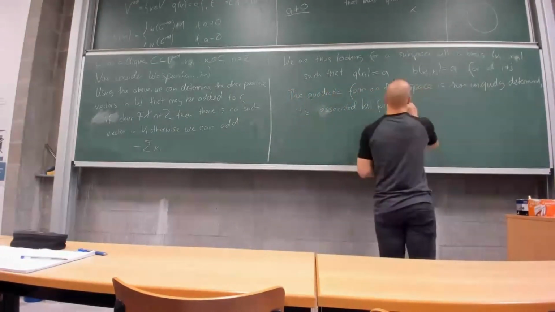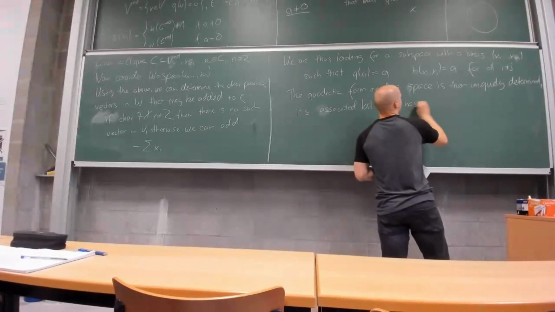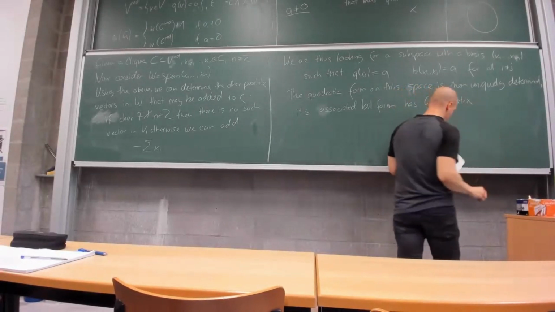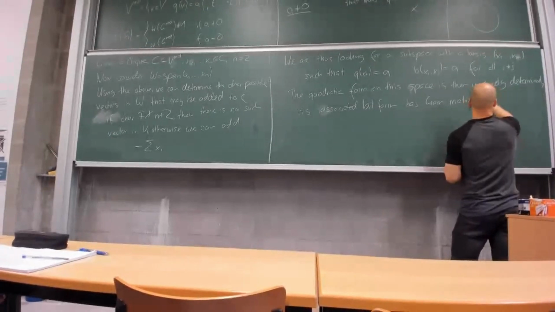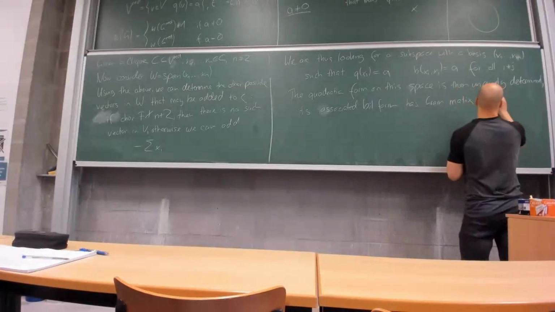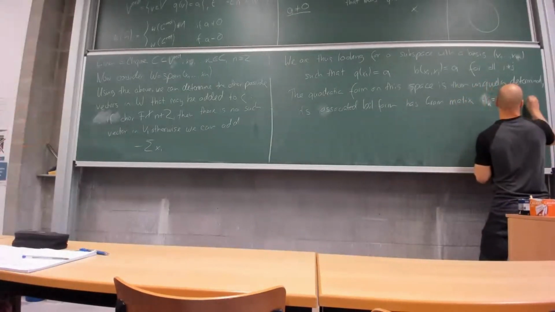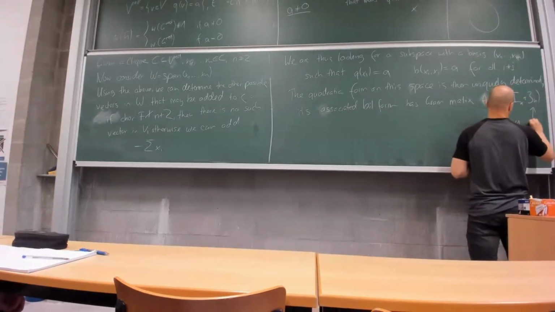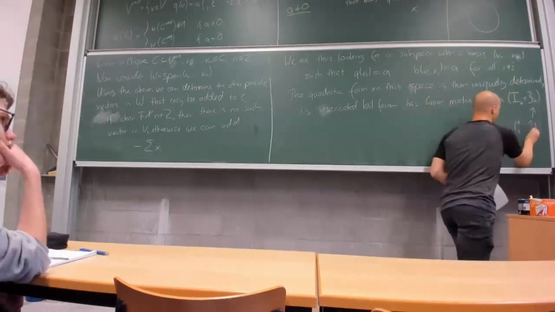Let me write down the Gram matrix. The bilinear form has Gram matrix, which I will denote by AK. It's just A times the identity of the appropriate size, plus, in JK, a matrix consisting only of ones.